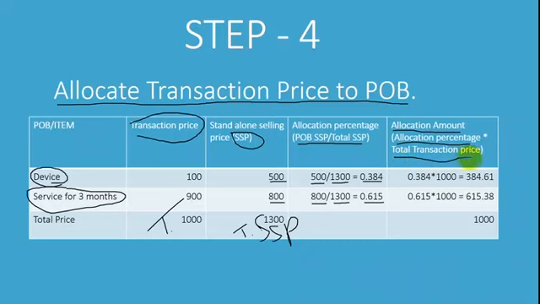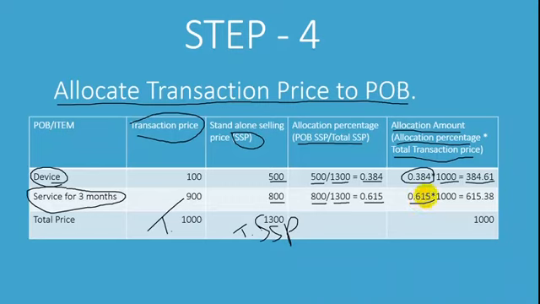into total transaction price. So allocation percentage for the device is 0.384, right? Then total transaction price 1000 rupees, equal to 384.61 rupees. The same way is calculated for service.